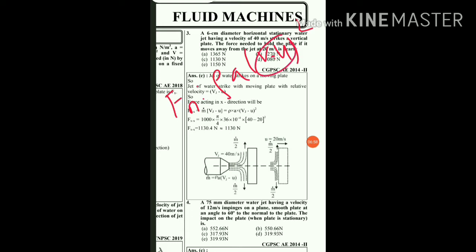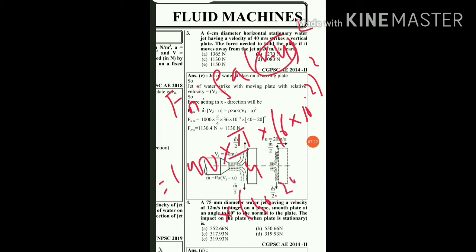So here density is known to us, that is for water 1000, area, that is pi by 4, diameter is 6 centimeter, convert it into meter. So it comes out to be 6 into 10 raised to minus 2, that will be in meter, squared, into (v minus u) square, that is (40 minus 20) square, that is 20 square.